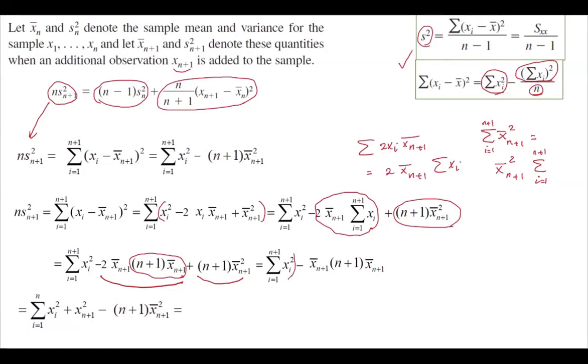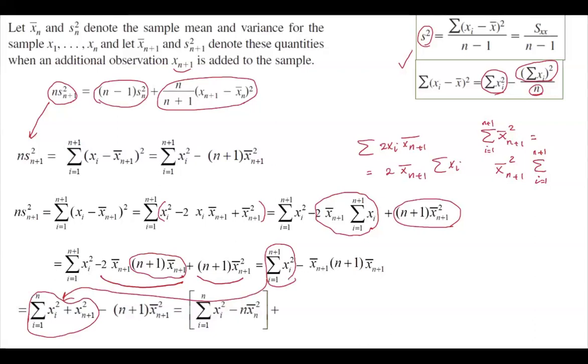We just broke down this term into the summation of two expressions. Very good. This guy is equal to the summation of xi to the second minus n xn bar to the second plus n xn bar to the second.